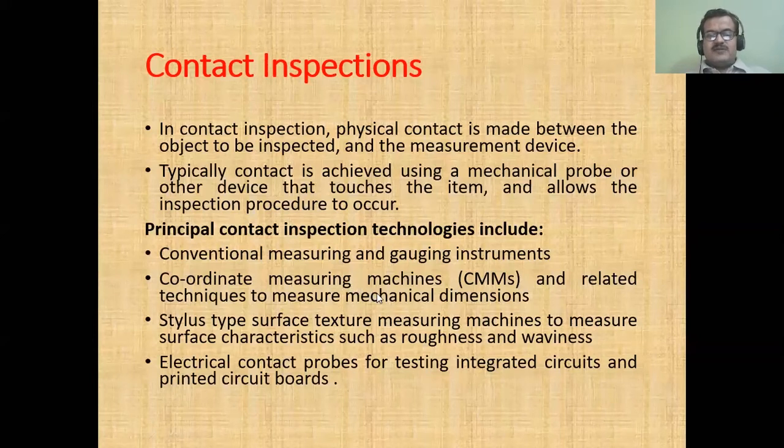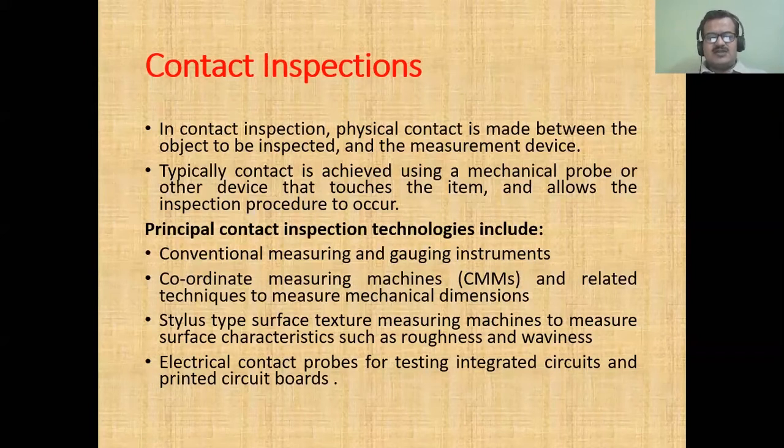Then coordinate measuring machine, CMM. CMM has the probe mounted on the mechanical structure, and that mechanical structure is being moved with the help of some drive system. So that probe touches the part, and hence it comes under contact type of inspection system. Whereas the machine vision has the video camera.